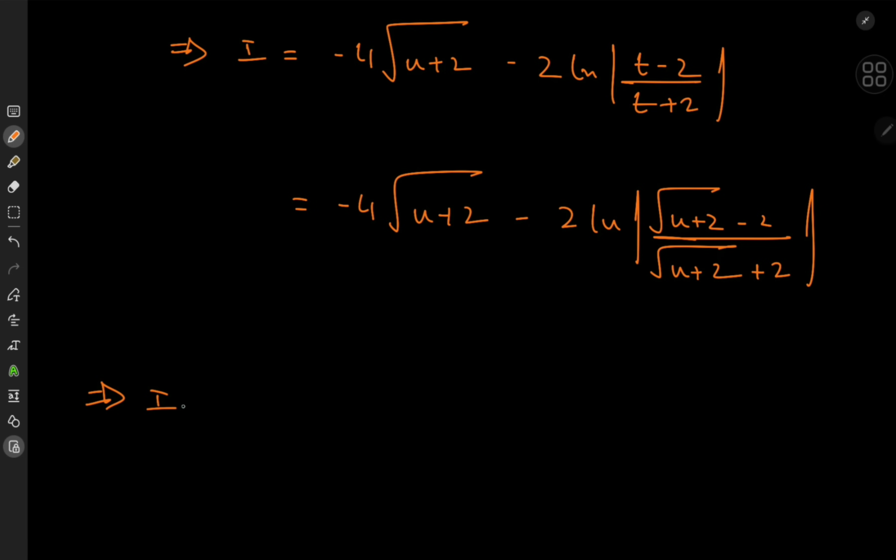So we have this really awesome looking result in terms of trig functions and nested roots, just as expected.